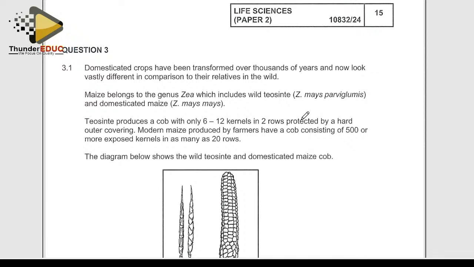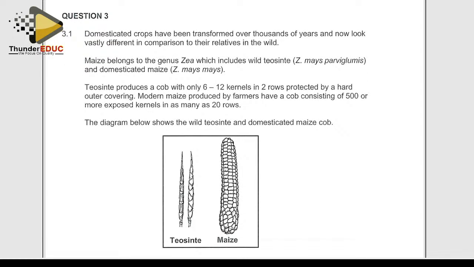Maize. Domesticated crops have been transformed over thousands of years and now look vastly different in comparison to their relatives in the wild. So they're saying that maize belongs to the genus Zea, which includes wild teosinte.